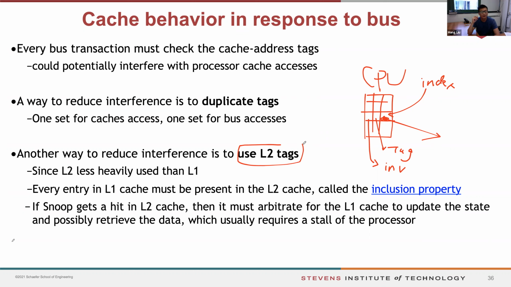If a snoop gets a hit in the L2 cache, then it must arbitrate for L1. This helps us filter out unnecessary checks to L1, right? Only if the tag is in L2 is it potentially in L1, then we go to L1 to check again. This typically requires stalling the processor, okay?